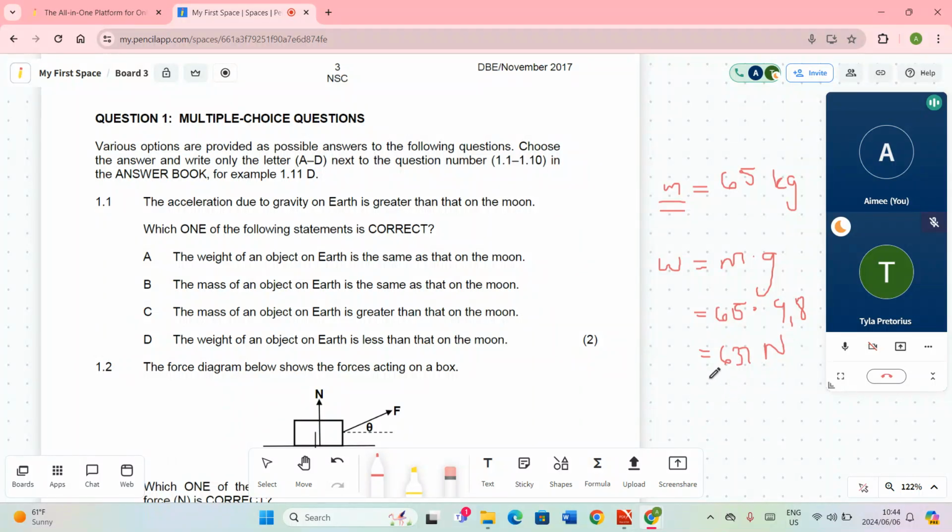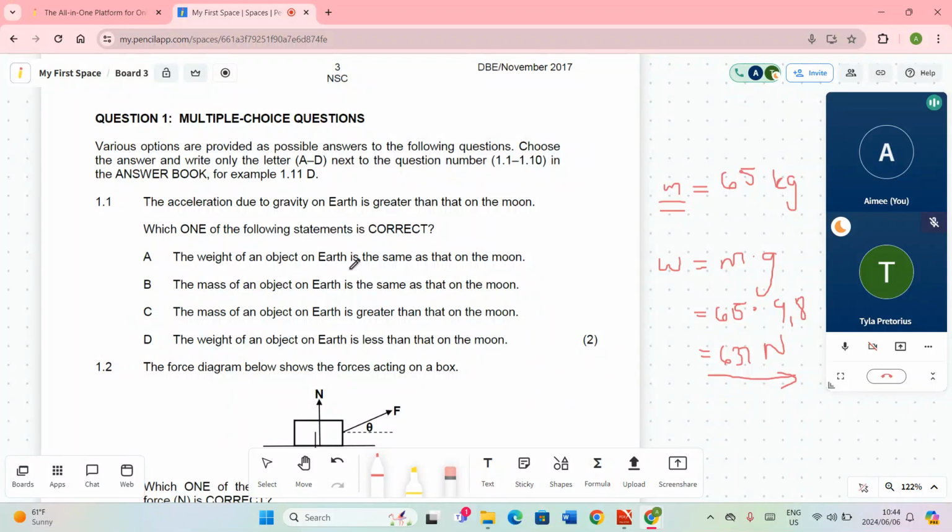Okay? So this would be your weight if your mass was 65 kilograms and you were standing on Earth, because Earth's gravitational acceleration is 9.8. Okay? But they're saying to you now that the gravitational pull or force on the moon is smaller or weaker than that of the Earth, which means that your G value on the moon is going to be smaller than 9.8. So let's go and revise the options.